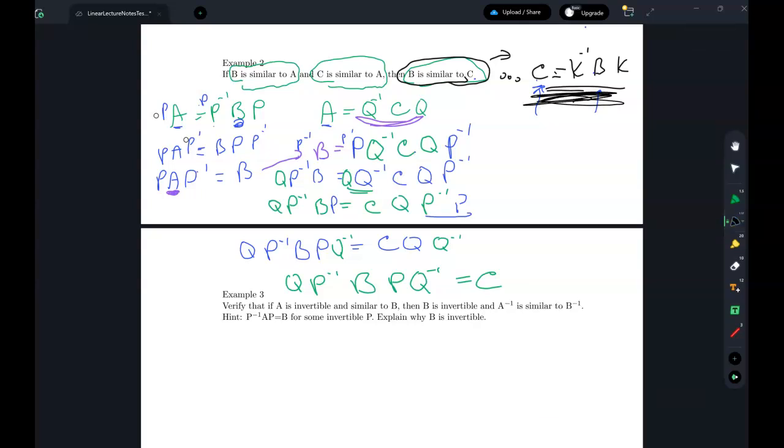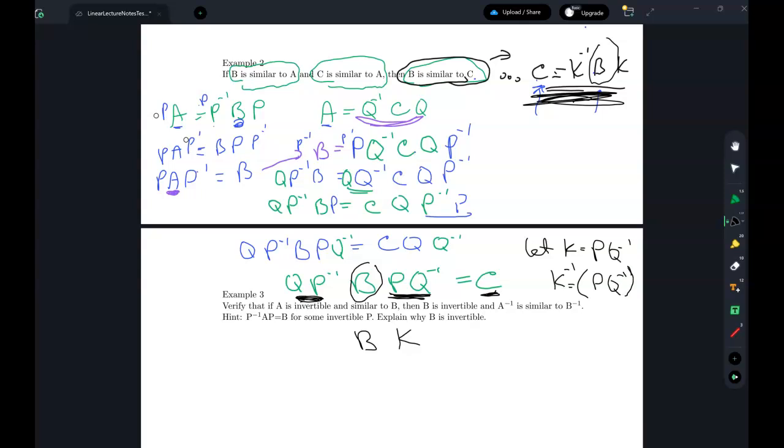So think about it. Here's C. B is in the middle. So is this equal to, I don't know, K inverse? And is this equal to K? So let's start with the K. If I let K equal P Q inverse, then if I took the inverse of this, think about it.